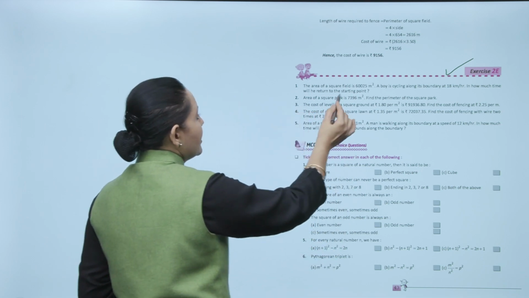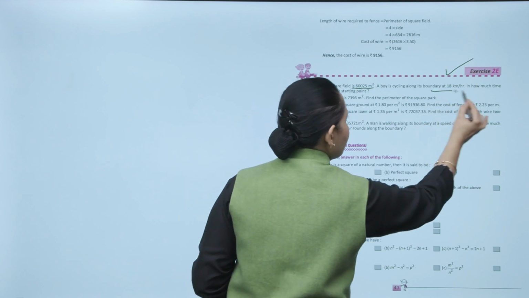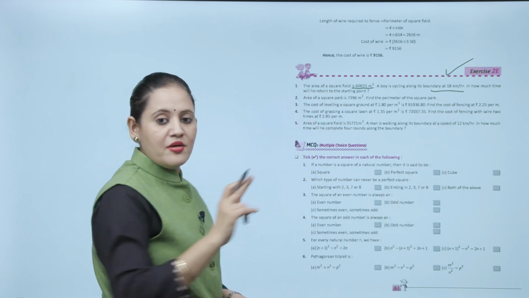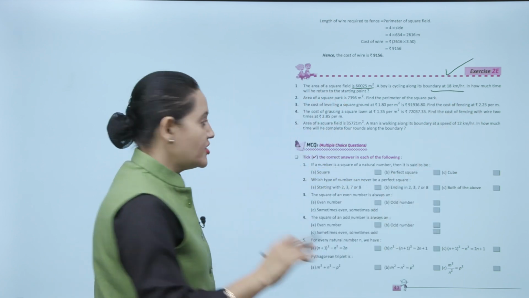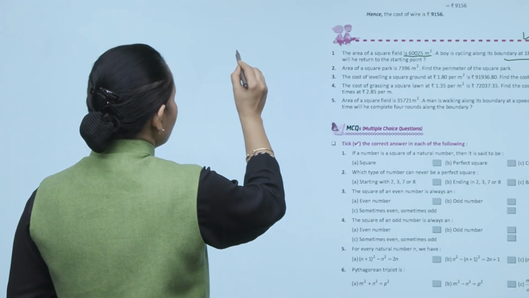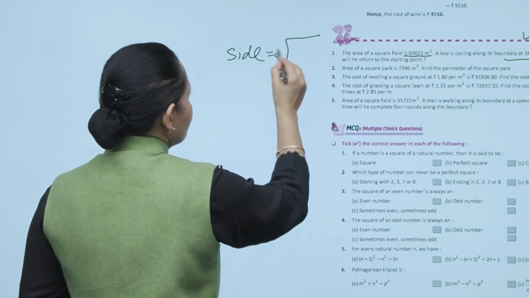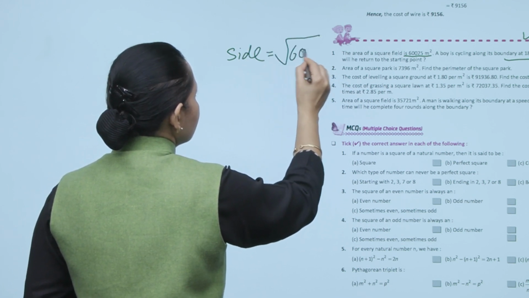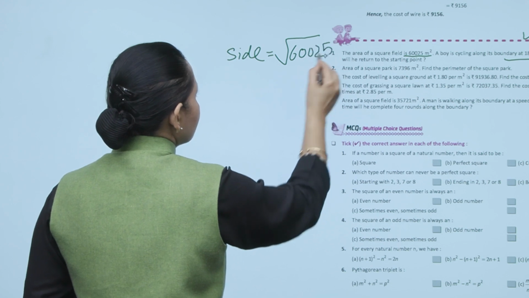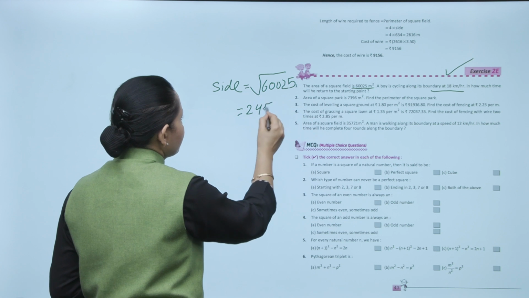Here the area is given and the boy is cycling at a speed of 18 km per hour around the boundary, meaning the perimeter. So first we have to find the side. Side equals root of 60025, so the side comes to 245 meter.